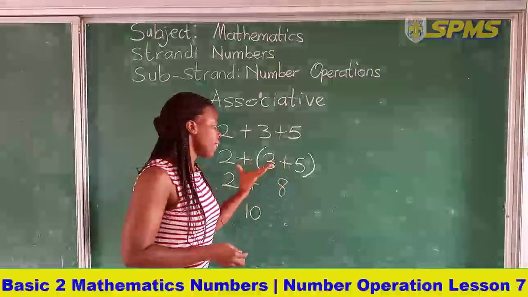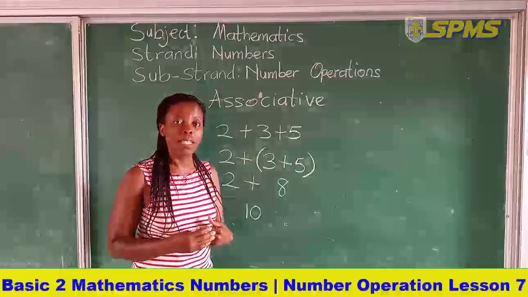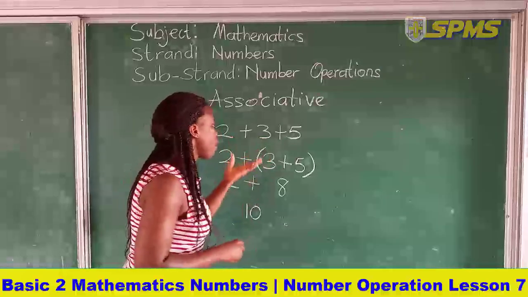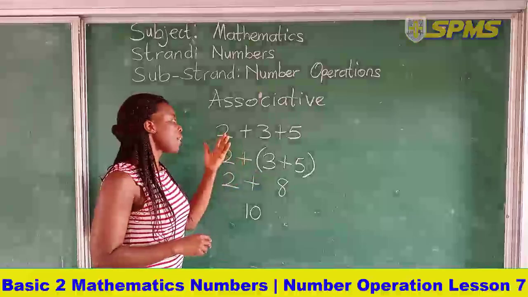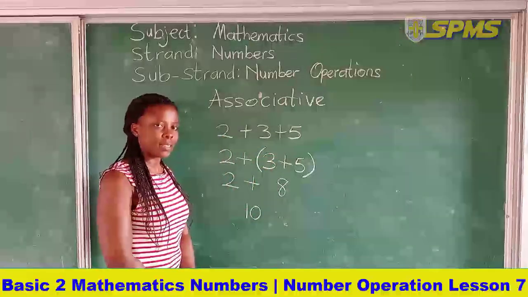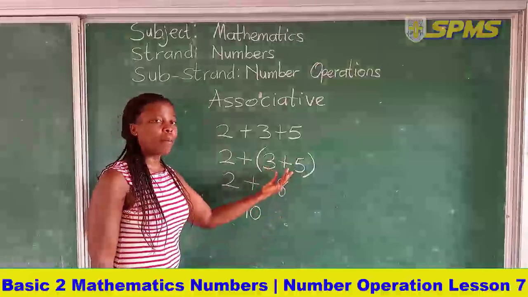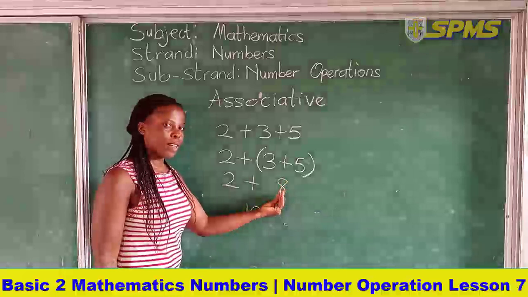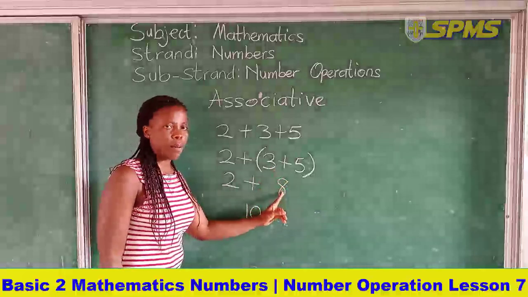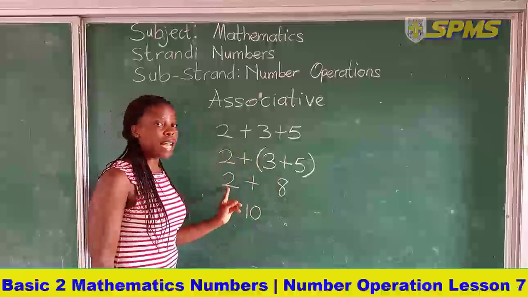What do you do when you get something like this? Let me take you through the steps once again. First of all, you bring the number here and you put these two numbers in a bracket. After that, you add the numbers in the bracket first. When you get your sum, you add your sum to the number outside the bracket.